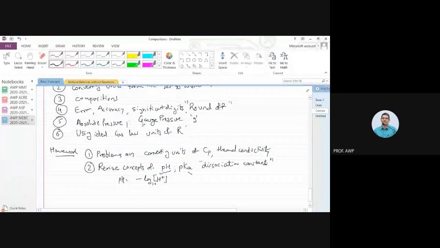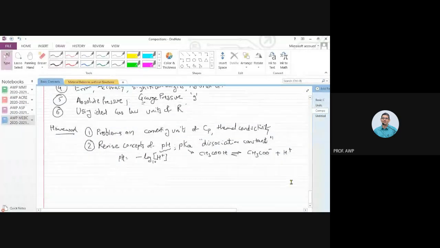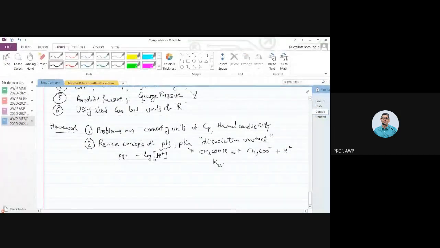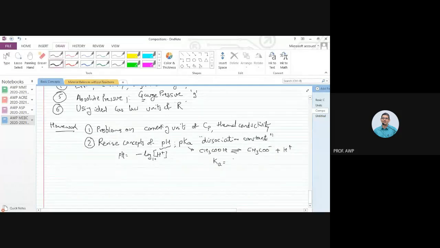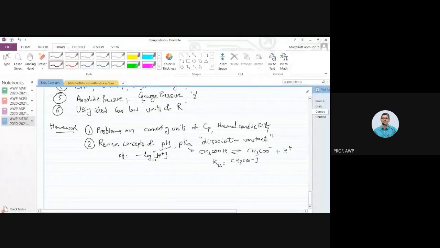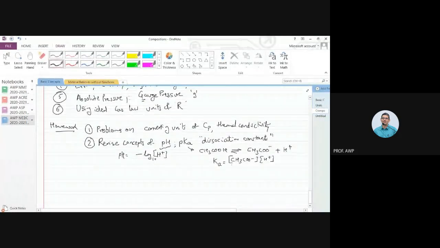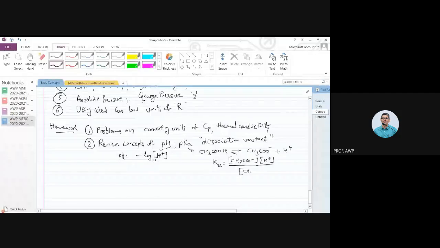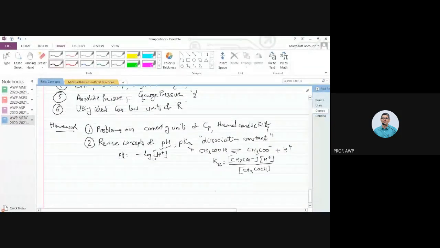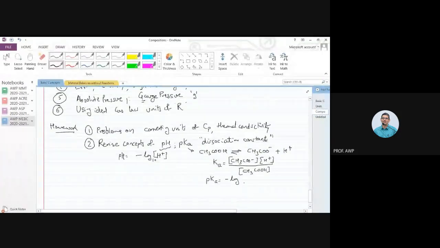Okay. pKa, suppose we have acetic acid. We know that acetic acid dissociates as acetate ion and H plus ion. So if we write the equilibrium constant for dissociation of acetic acid, it would be the acetate ion concentration times the H plus ion concentration divided by the undissociated acetic acid concentration, and pKa would be minus log to the base 10 of Ka. Right?